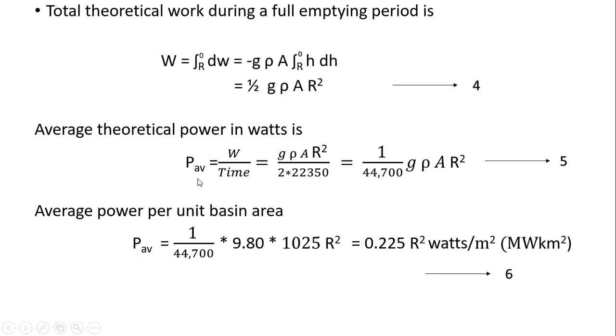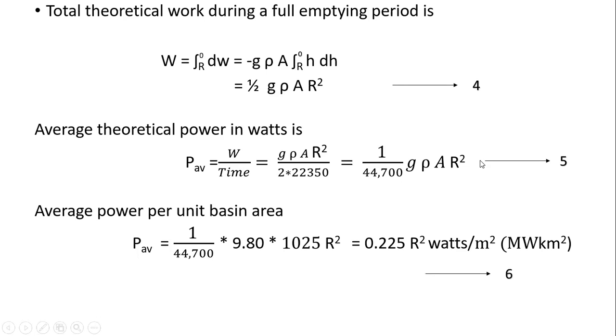And we know that the average theoretical power P AV is equal to work done by time, and work done is given by this formula, and time is 6 hours 12.5 minutes, which is converted to 22,350 seconds. If you substitute all the known values, we will get the average theoretical power as 1 by 44,700 G rho A R square.